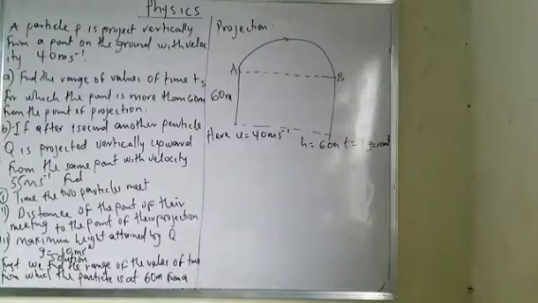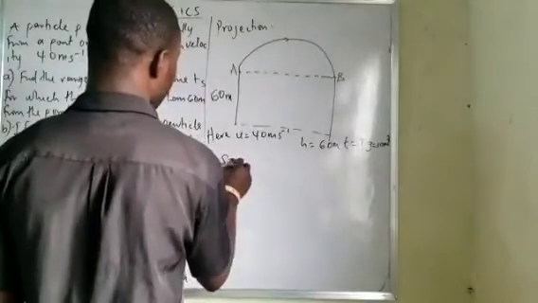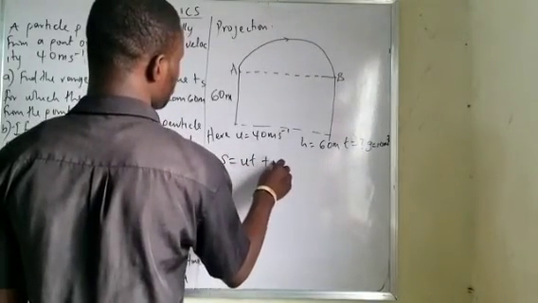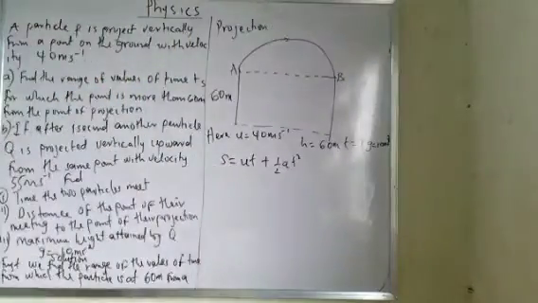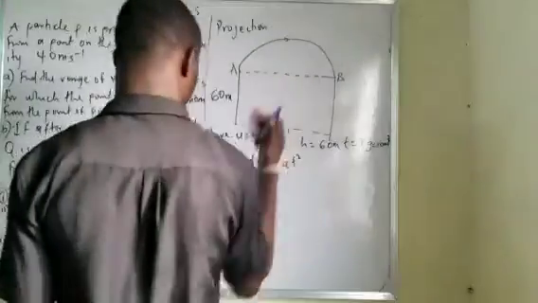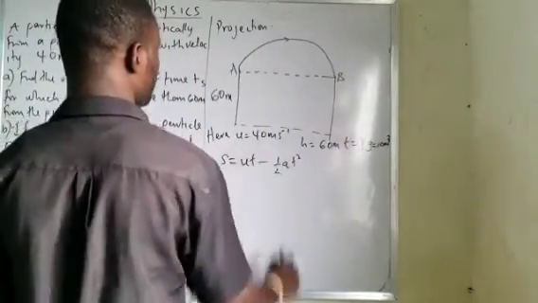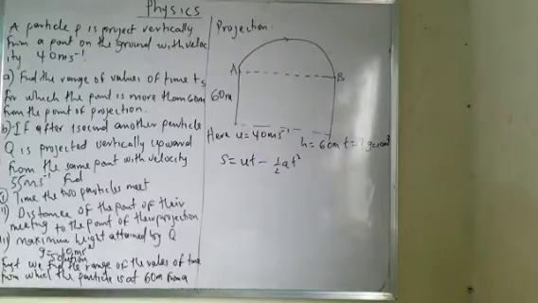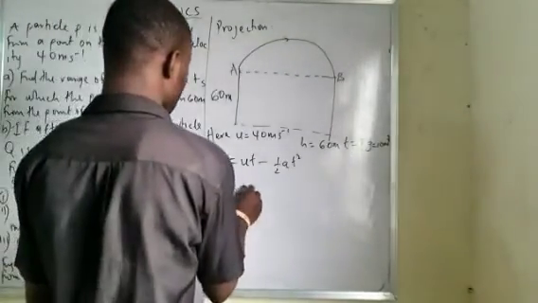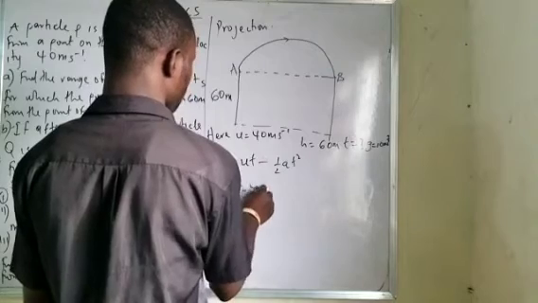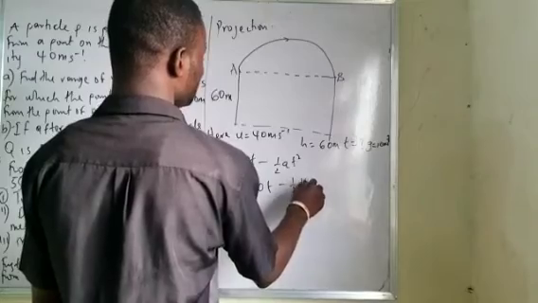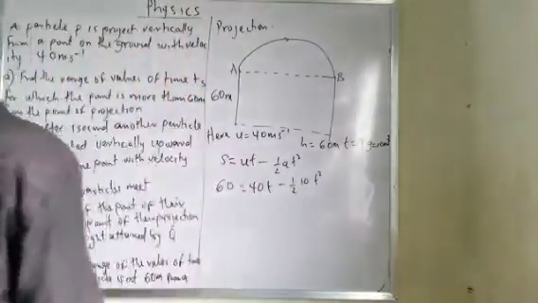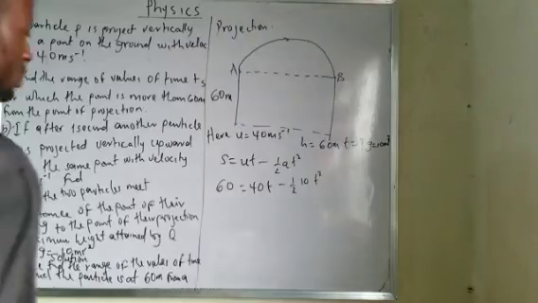Now, I can say s equals ut plus one over two at squared. We are going up, so this will be minus. I'll be having 60 equals 40t minus one over two times 10 t squared, because t is not given.